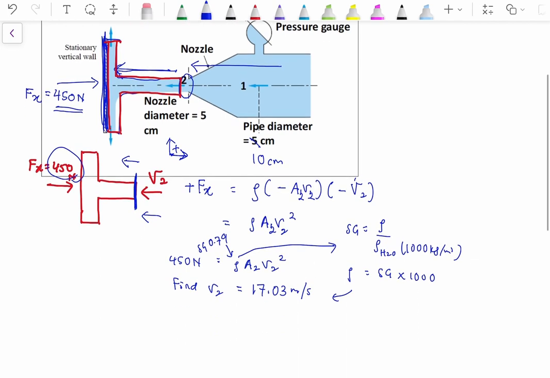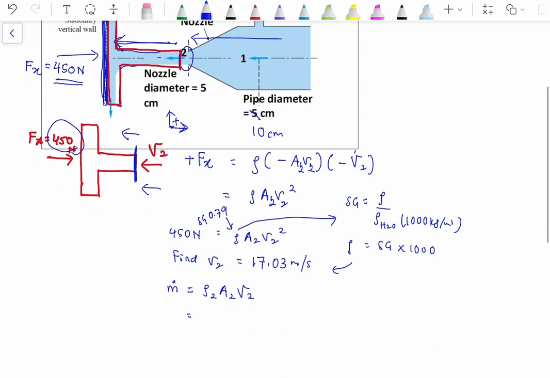The first part of the question asks you to find the mass flow rate of the liquid. So we use the V2 to find m dot. M dot equal to rho 2 A2 V2. Okay, 0.79 times 1000 times the A2 times the 17.03.